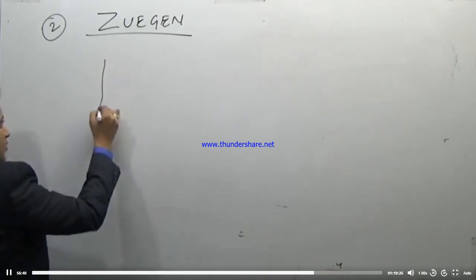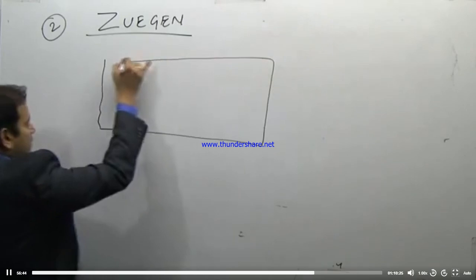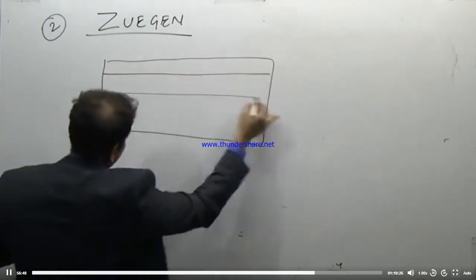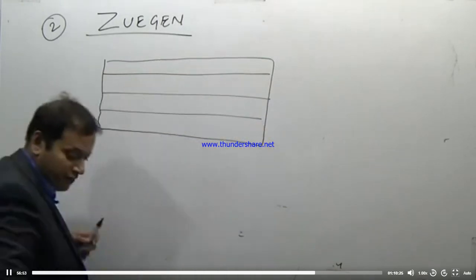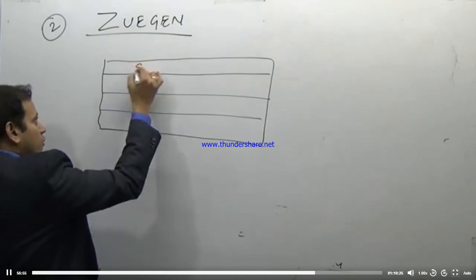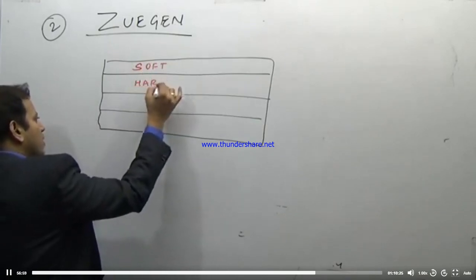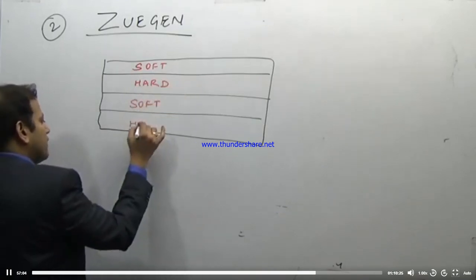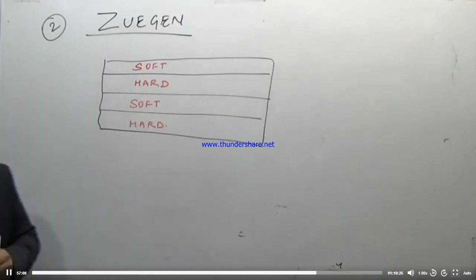It consists of a rock in which there is a layer of softer rock, then hard rock, softer rock and hard rock. So the first layer is a layer of soft rock. This is a layer of hard rock. This is a layer of soft rock. This is a layer of hard rock.